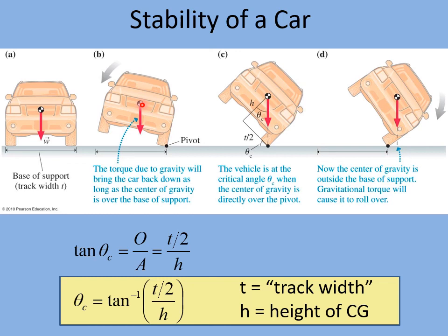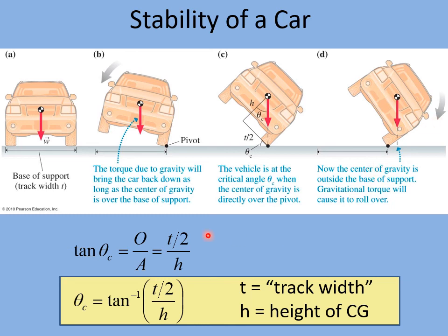However, if the CG is over here to the left of the pivot, the pivot now is this one wheel that's remaining on the road, then the car will safely rotate back down and land on all four wheels. But we get to a critical angle here where if we go past that critical angle, now the CG is to the right of the pivot, meaning the car is going to rotate to the right and the car will turn over, which is a serious problem, obviously.